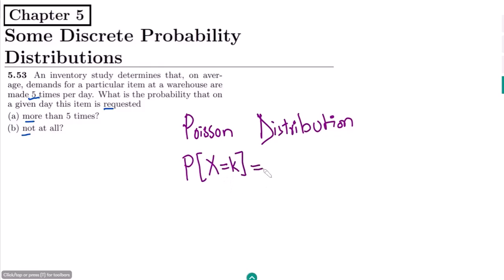It would be lambda to the power k, exponential of minus lambda, divided by k factorial, where k is the number of items and lambda is the average amount. So this is what we are going to do today.